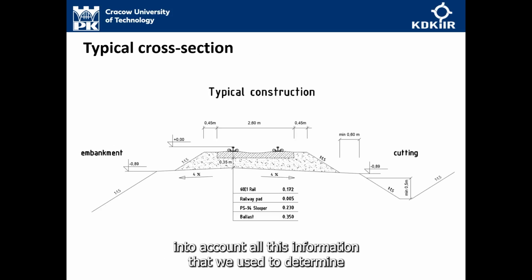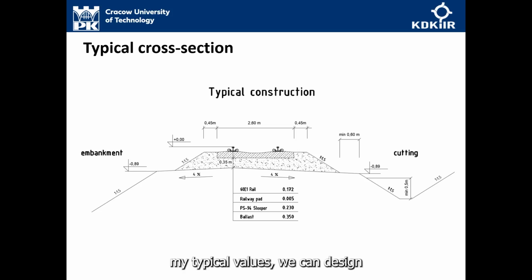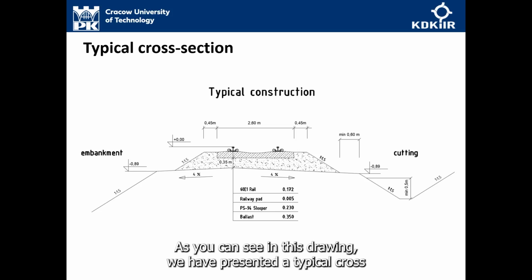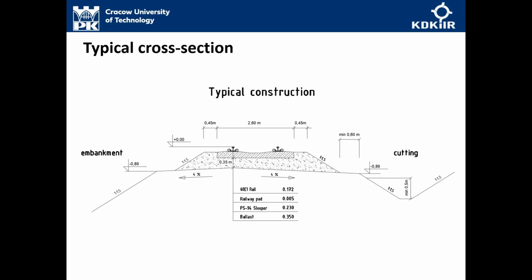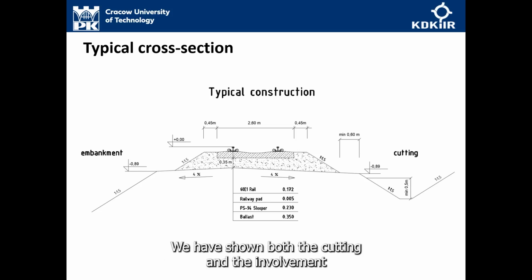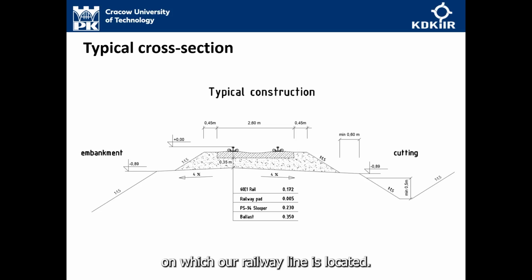Taking into account all this information that we use to determine typical values, we can design a so-called normal cross-section. As you can see in this drawing, we have presented a typical cross-section for the construction of a railway line in accordance with the standard of Polish railway lines, PKP Polskie Linie Kolejowe. We have shown both the cutting and the embankment on which our railway line is located.